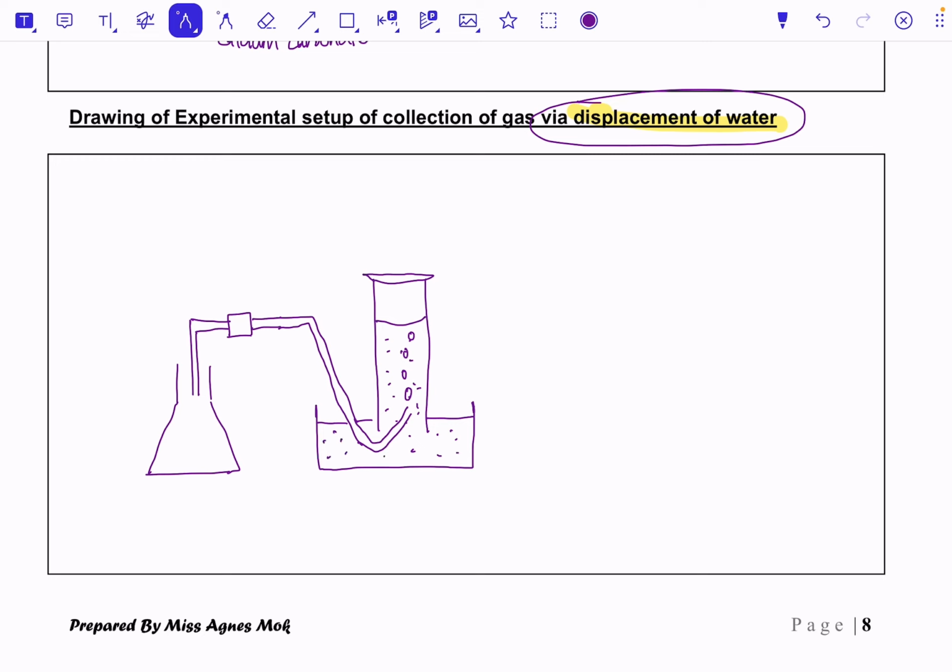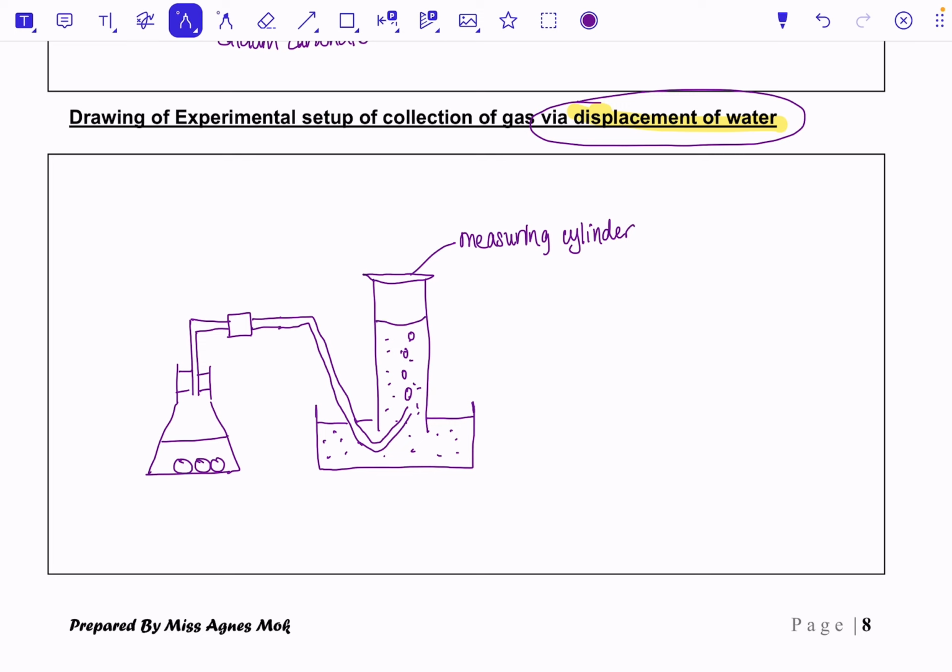Now with that done, it's time for us to label. Just make sure this part is closed up. Then once again, you have your solid and your liquid. So this is a measuring cylinder.